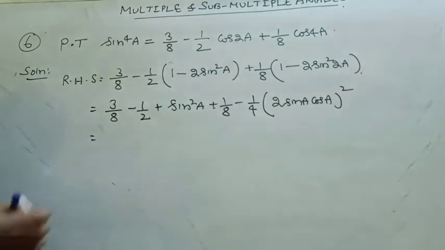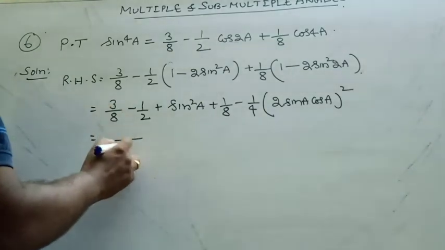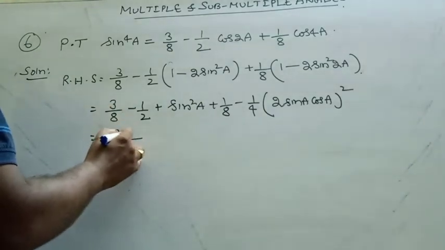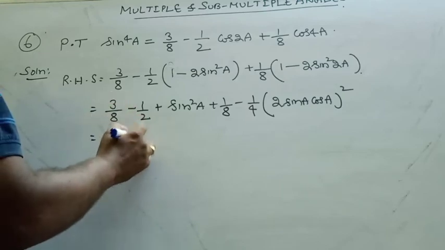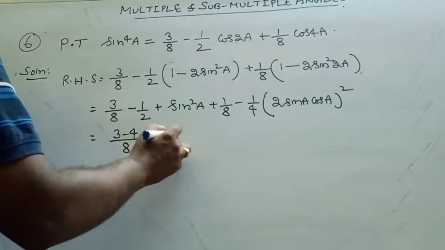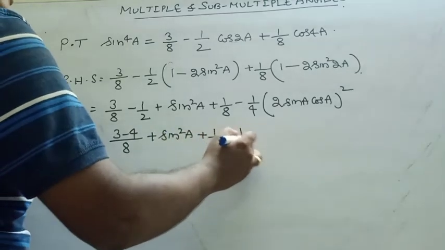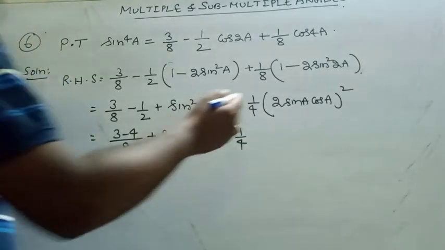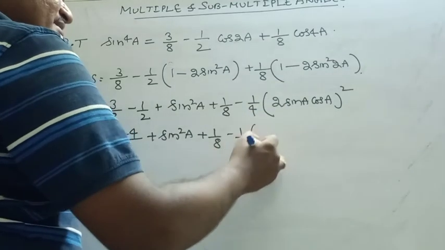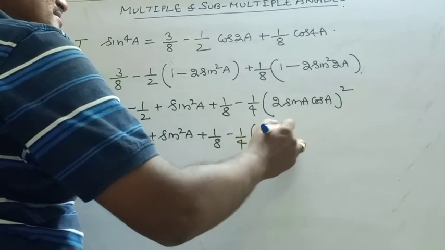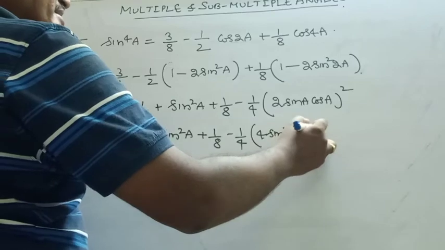Now this is 3 by 8, you can take 8 as LCM here. Now 3 minus 4, plus sine square a, plus 1 by 8 minus 1 by 4 into 2 sine a cos a whole square. This is nothing but 4 sine square a cos square a, like this.